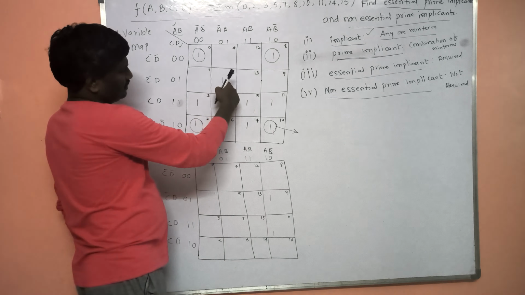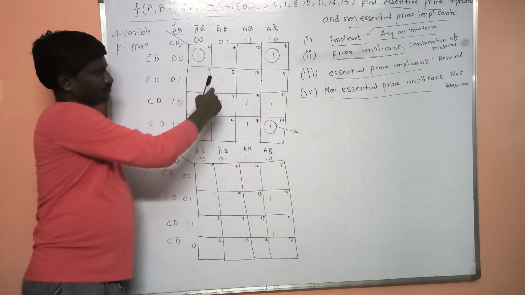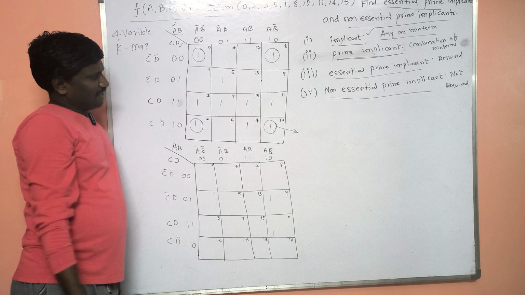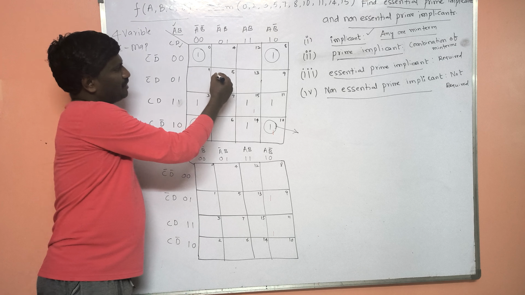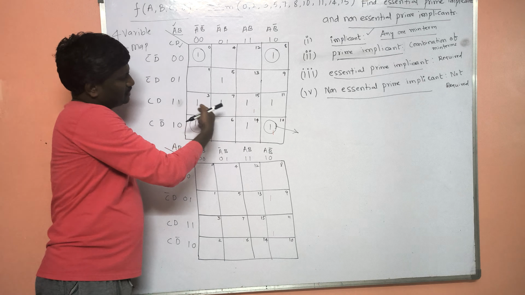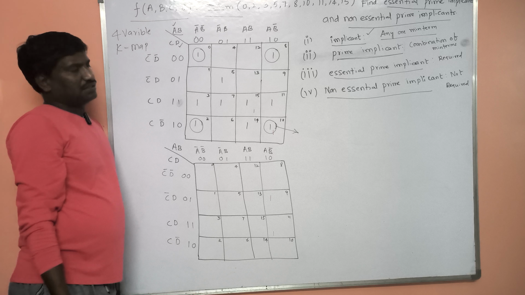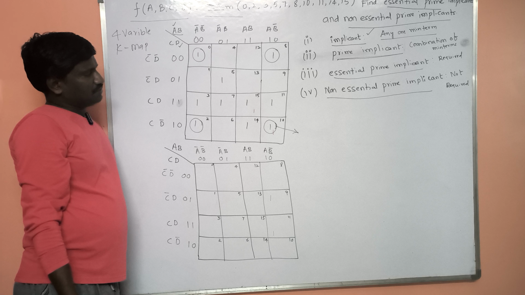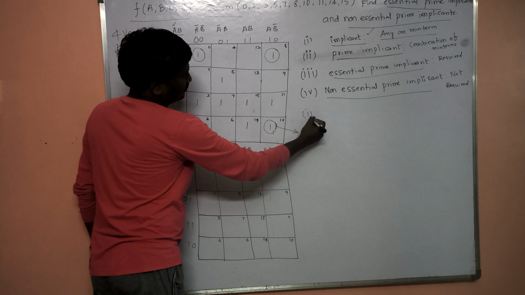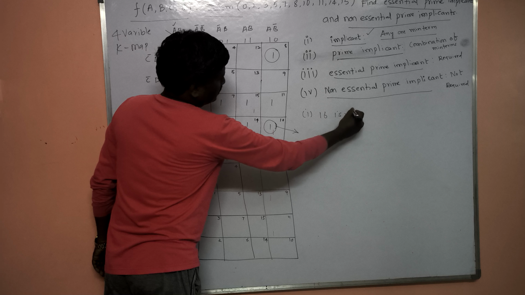If I look at this one, I want to combine it with the ones. What are the possibilities we have? Before that, I need to check the maximum number of ones possible. Is there a possible combination of 16 ones?